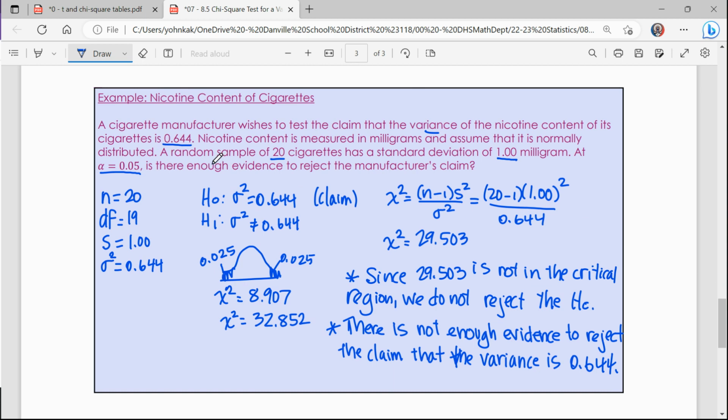All right, so the question, is there enough evidence to reject the manufacturer's claim? And the answer is no.